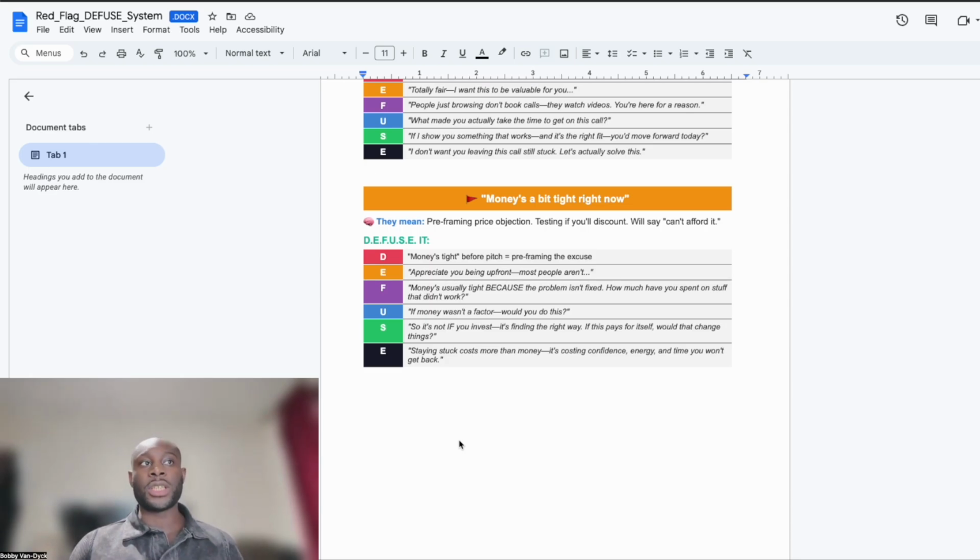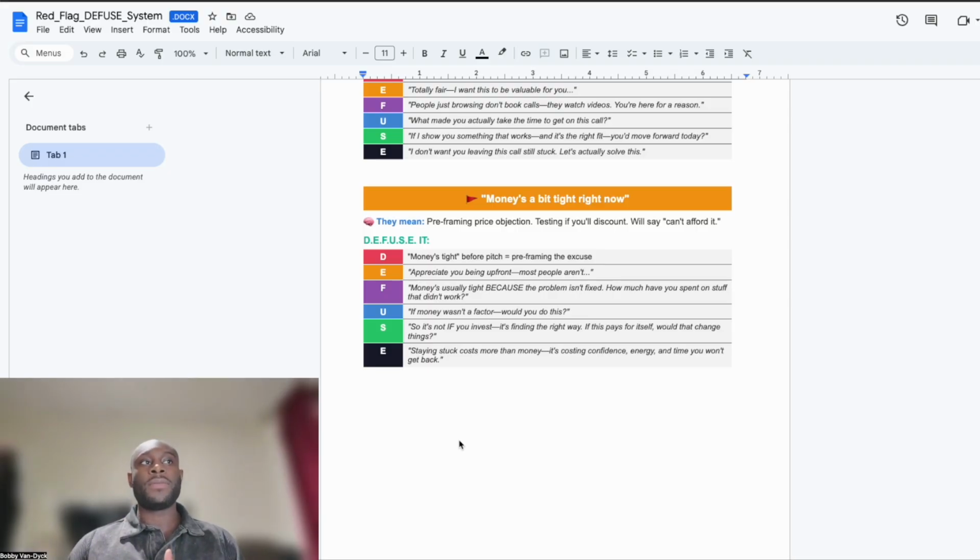So if this pays for itself, would that change things? The prospect's going to say, what do you mean if it pays for itself? That's where you can come in and say, staying stuck costs more than money. It's costing confidence, energy, and time you won't get back.